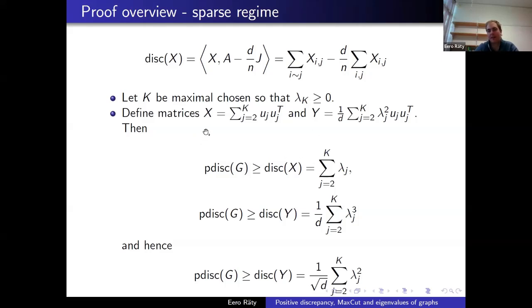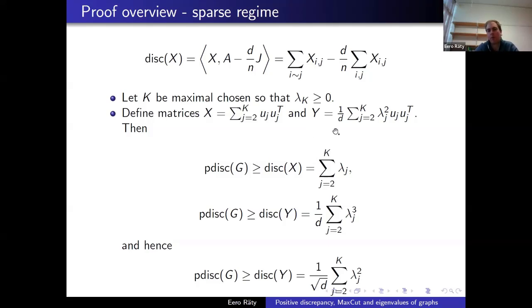And consider matrices X and Y, where we pick all the eigenvectors corresponding to non-negative eigenvalues apart from the first one. So why don't we pick the first one? We don't pick the first one because it would be killed anyway by this d over n J term.